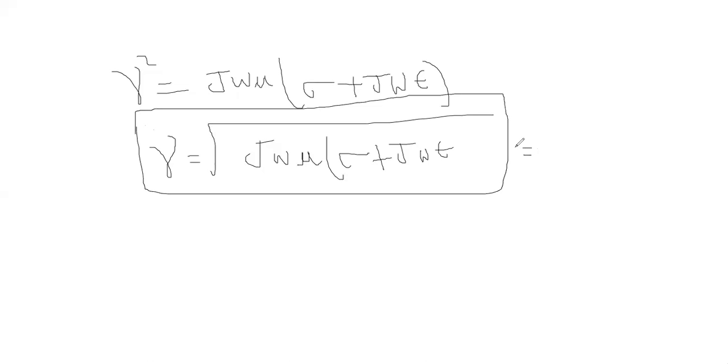Gamma is also equal to alpha plus j beta, where alpha is the attenuation constant and beta is the phase constant. Understood, my students? So from this we can find out what alpha is equal to and what beta is equal to.